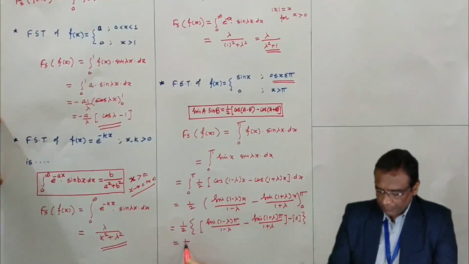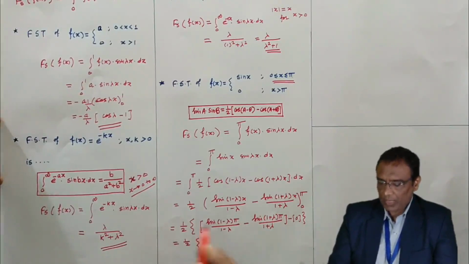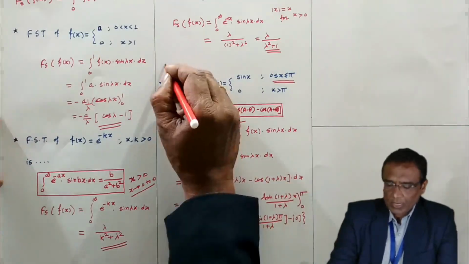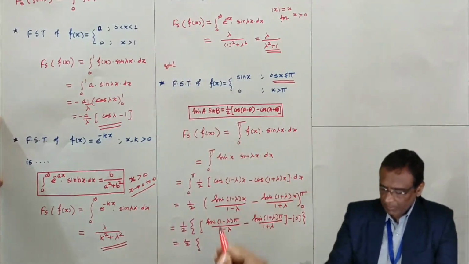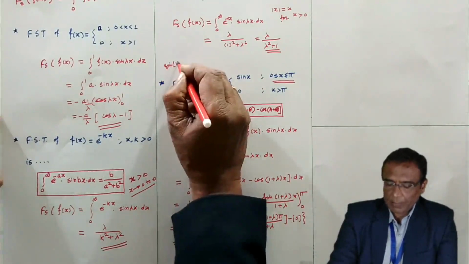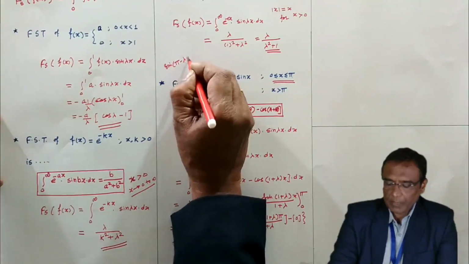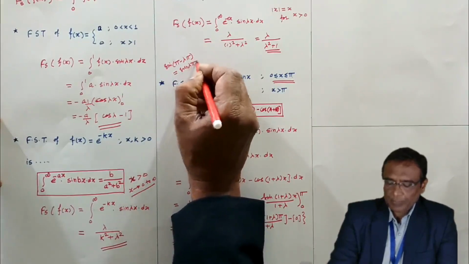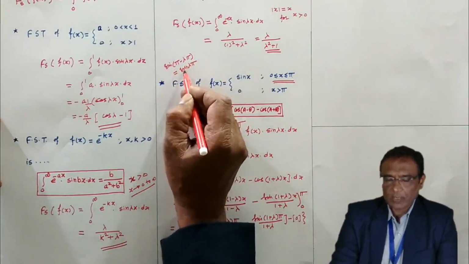Now 1 by 2. As we have done earlier, sine (1 minus lambda) pi can be written as sine of (pi minus lambda pi), which is sine of lambda pi, since sine (pi minus theta) is sine of theta.